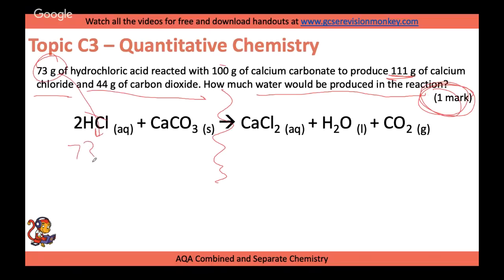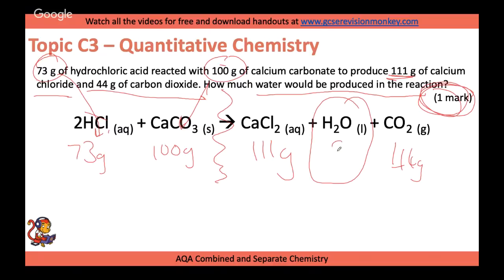So we take the information from the question down here. 73 grams of hydrochloric acid reacts with 100 grams of calcium carbonate to produce 111 grams of calcium chloride and 44 grams of calcium oxide. So that leaves out this. That's what we need to work out.